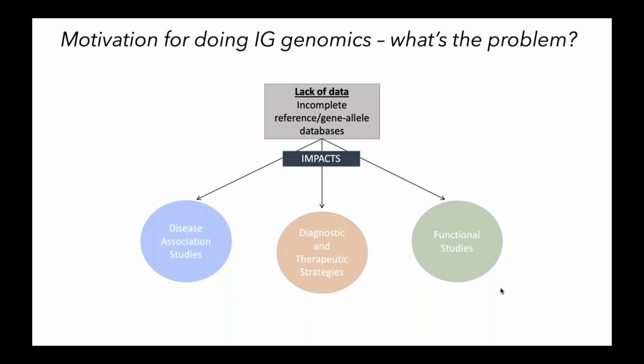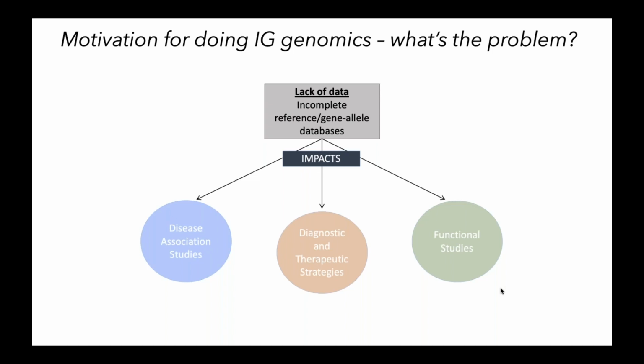This has actually had, and continues to have, impacts in a variety of ways: how we conduct disease association studies reliably, how we use this information or don't use this information to develop diagnostic and therapeutic strategies, as well as even doing basic biology, trying to understand how these genes are in fact regulated at the genomic level.